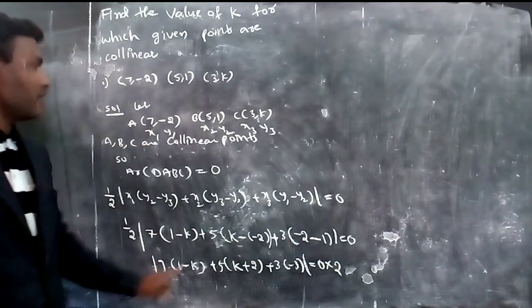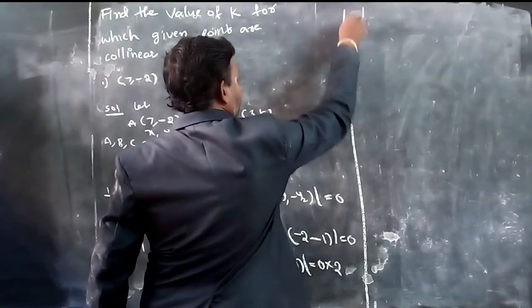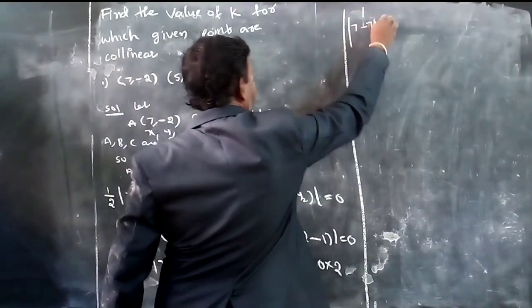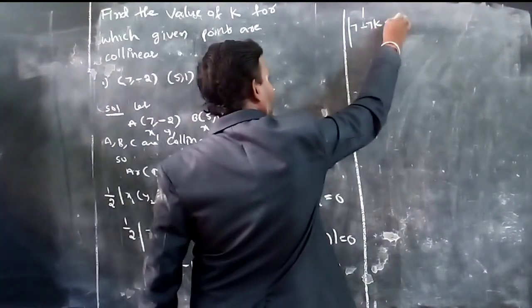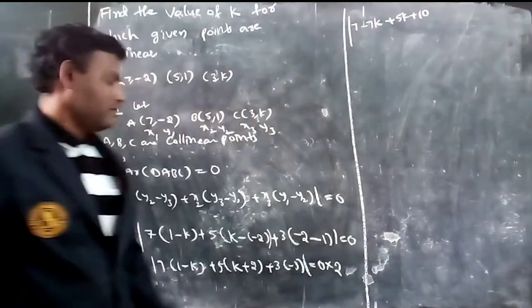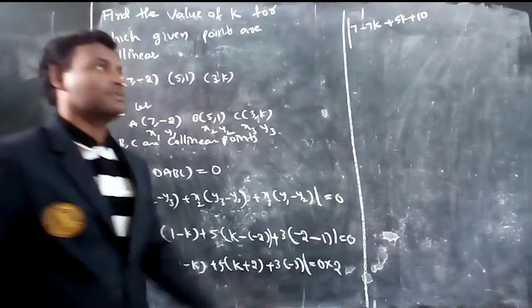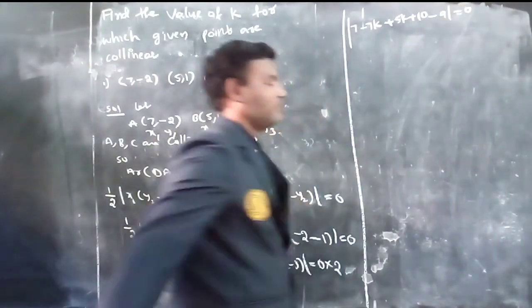Now 7 into 1 is 7 minus 7 into k is 7k, plus 5 into k is 5k, 5 2s are 10, plus into minus minus 3 3s are 9, is equal to 0.